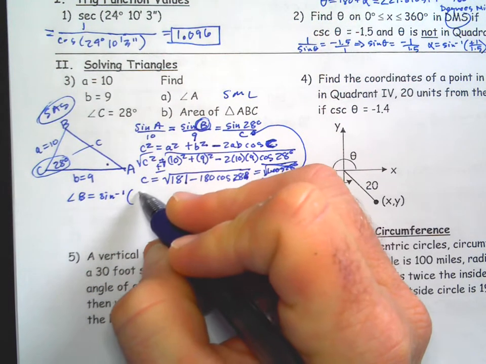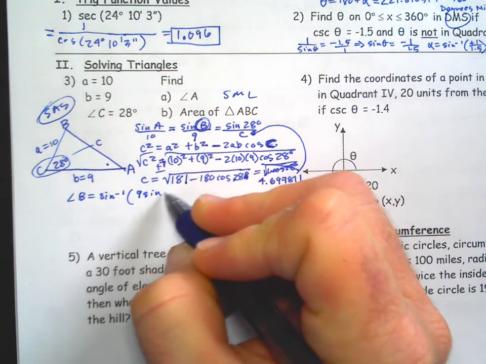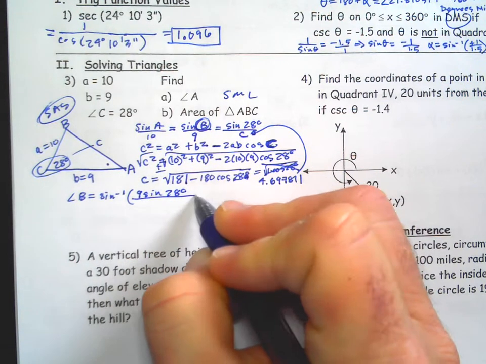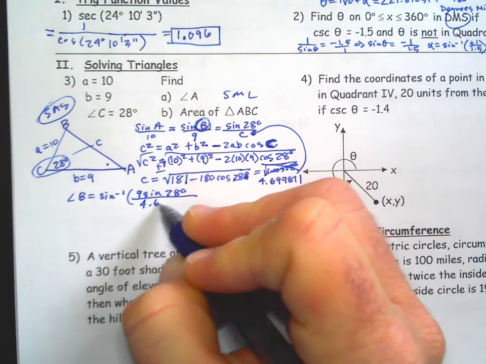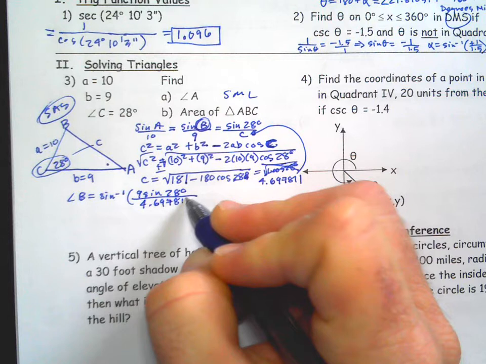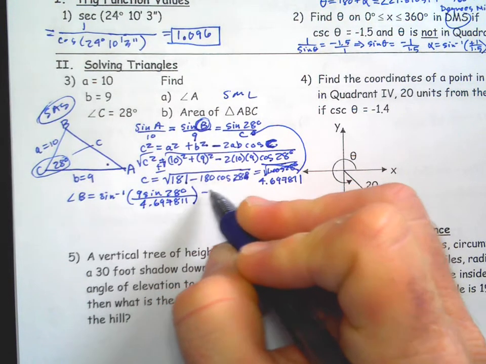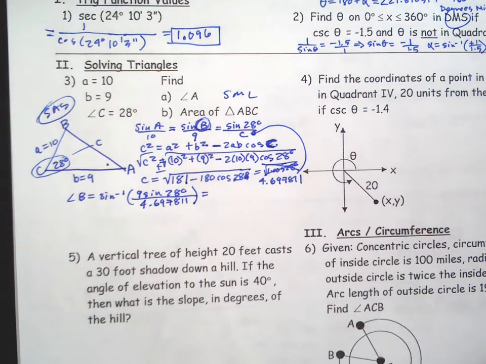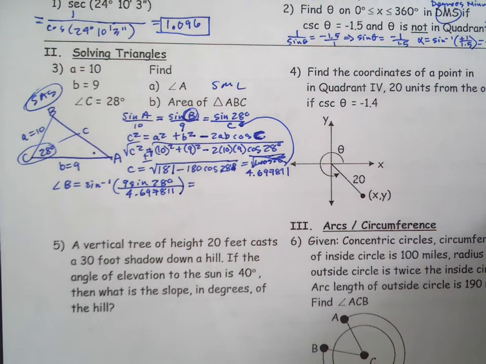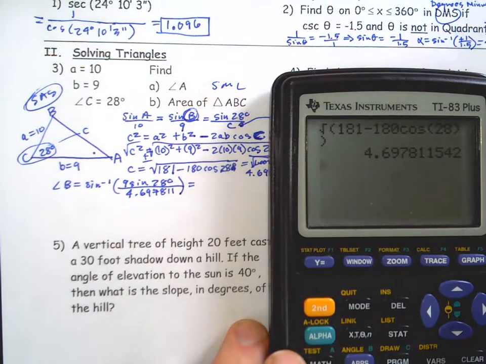Okay, so it's going to be 9 times sine of 28 degrees divided by the number we just calculated, 4.697811. You better use more than 3 decimal places in the middle of your work. Otherwise, you're in danger of losing accuracy for your final answer.